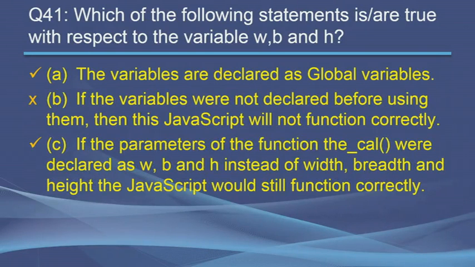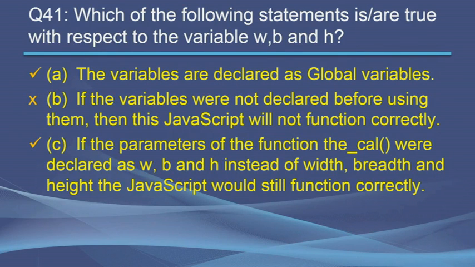Question number 41. Which of the following statements are true with respect to the variables w, b and h? The variables are declared as global variables. So if you look at it, it's right after, or outside, any function. It's in the script element of the JavaScript, but it is outside any function. So they are declared as global variables.